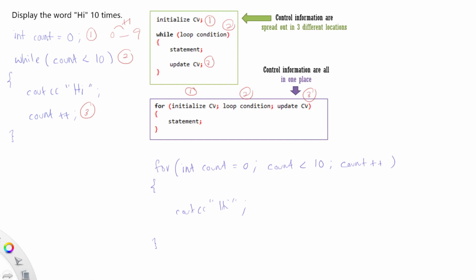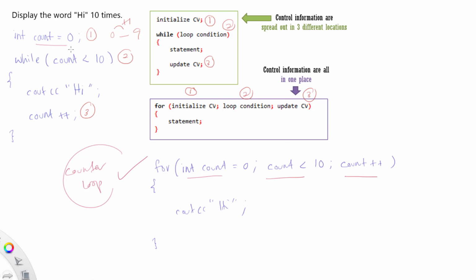If you ask me which control structure I would prefer to use, I would definitely say that a for loop is the best type of loop to use as a counter loop. Why? Because all these statements are placed inside one line, so you are not forgetting any of them.